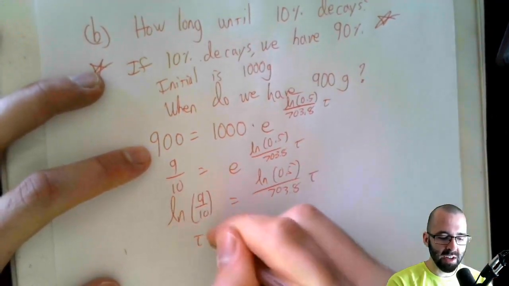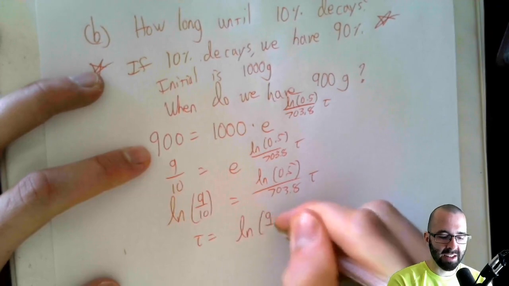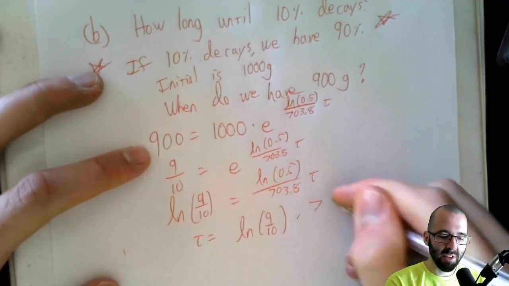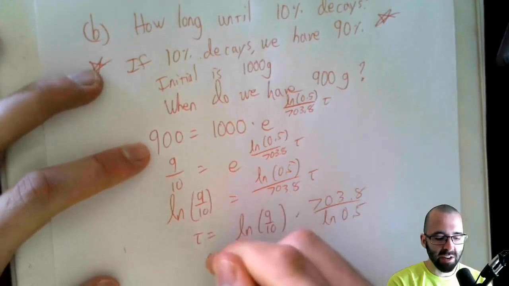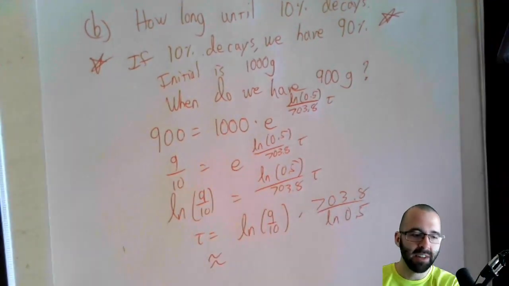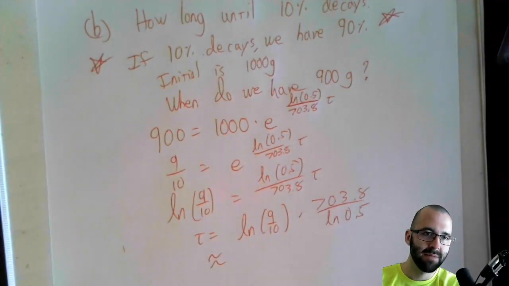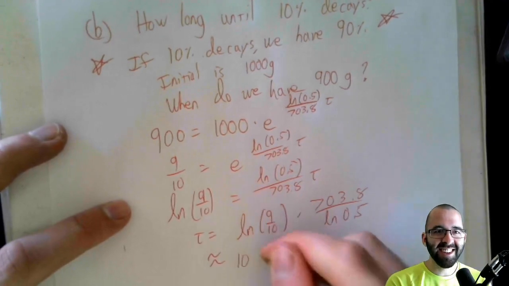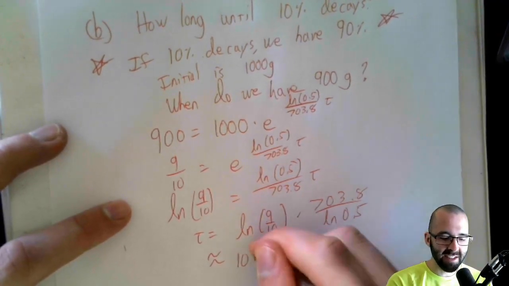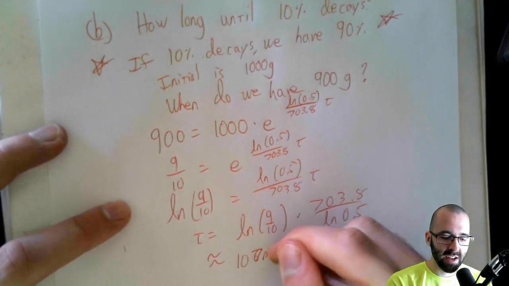Multiply by the reciprocal, you get t is going to equal the natural log of 9/10 times 703.8 divided by natural log of 0.5. Type that into your calculator, and you're going to get approximately 107 million years.